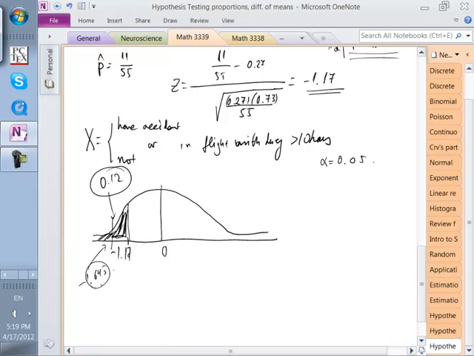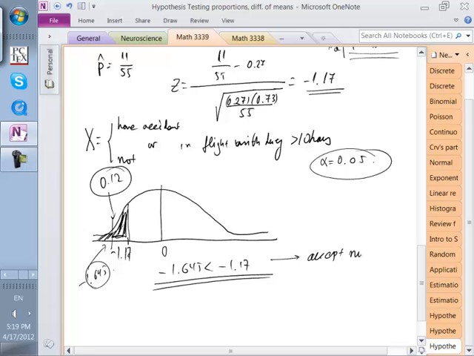That would have been the critical value. And the critical value in this case is less than negative 1.17. So if you were testing with significance 5%, what would be the result? Accept the null hypothesis. That would have been accept the null.